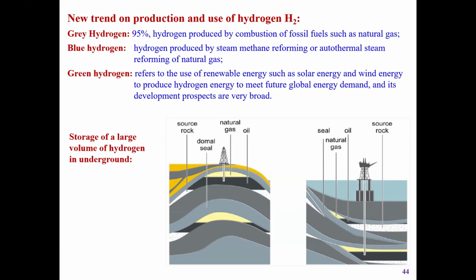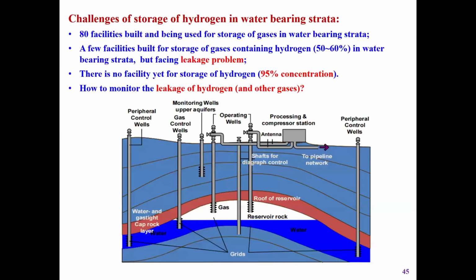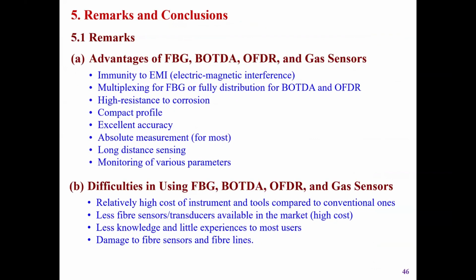It's empty, so they can inject hydrogen inside, but they are worried about leakage because hydrogen's molecular weight is very light, very easy to escape. So the leakage of hydrogen is a concern. Then we can use the gas sensors developed by Professor Jian for monitoring. You can see, put it here and store the hydrogen inside. Then they can monitor possible hydrogen leakage. We tried this in China very successfully.